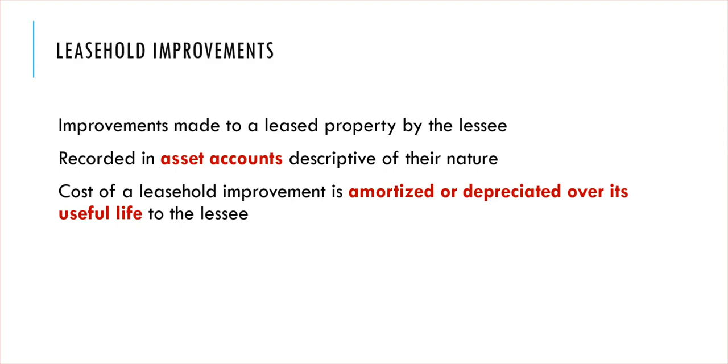Bushes have a life, and if the property is expected to go back at the end of the lease, then you depreciate it over that period of time. If it doesn't look like it's going to go back and it's going to be a transfer of ownership, then you use the useful life. And this is something else we had earlier when we talked about the right of use asset itself.